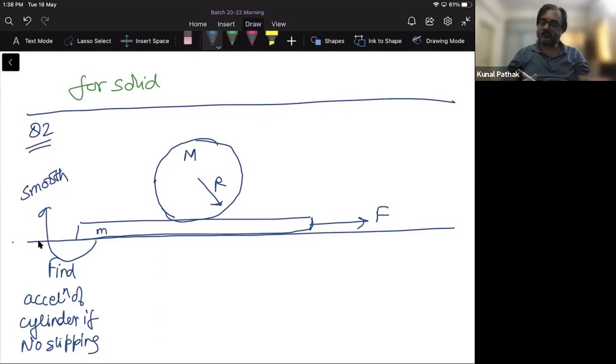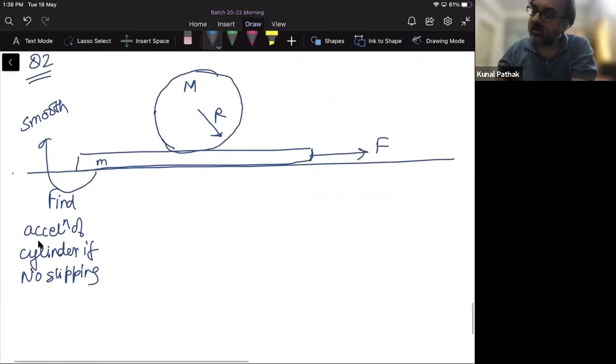देख, चलो I'll draw the free body diagrams and then you do.